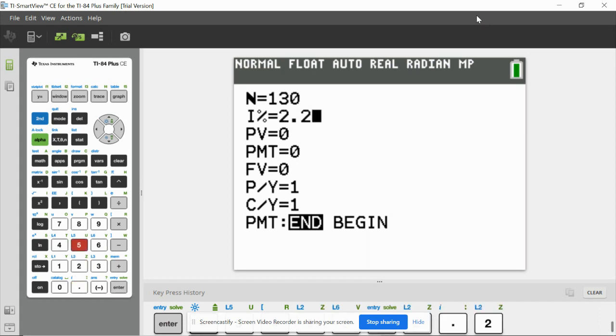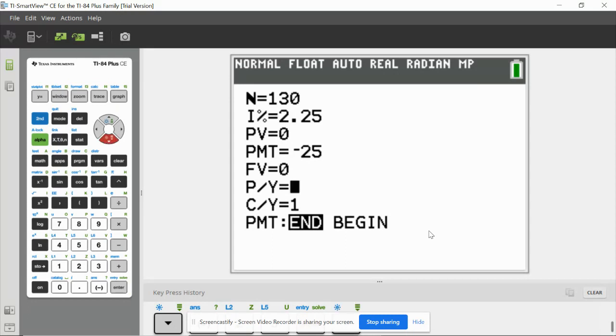Interest rate was 2.25%. There was no present value, but instead there were regular payments of $25. So negative 25. These payments were made bi-weekly, so 26 times per year, and interest was compounded monthly, so C over Y 12.